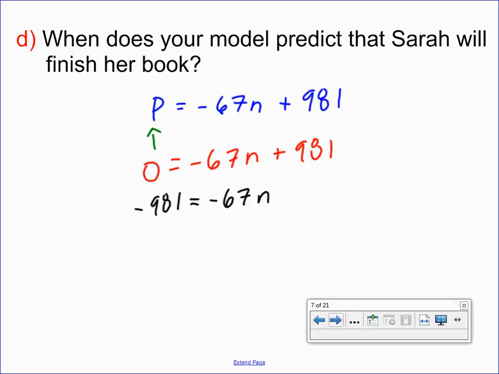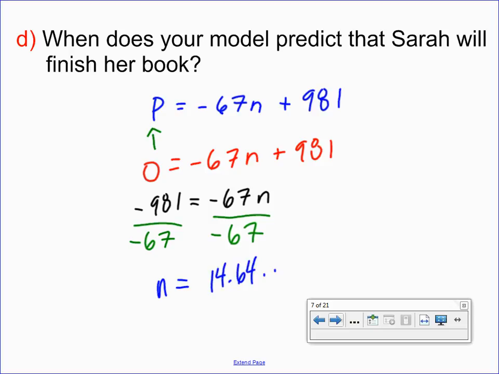I'll divide by negative 67. And if you kindly do that with your calculator now while I'm writing, then I'll call and make sure with the class, and you can give me the decimal. So negative 981 divided by negative 67, what does that give me about? 14.64. 14.64. All right.